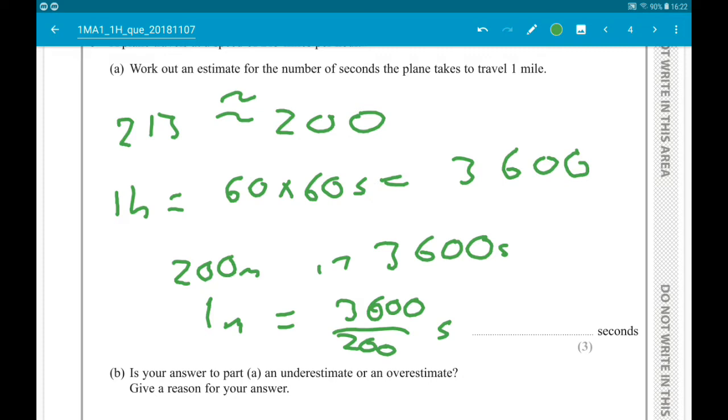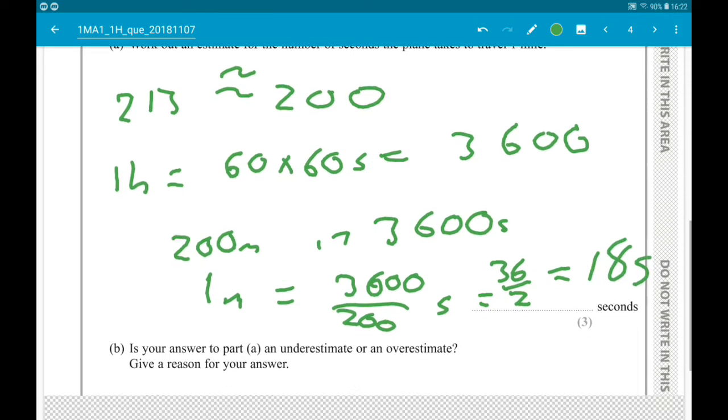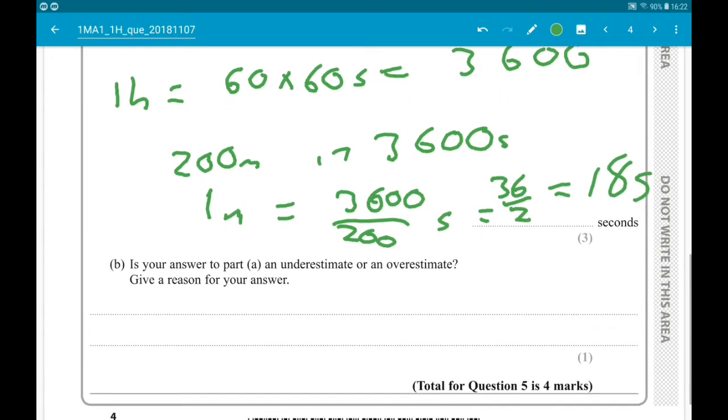So this is the same as 36 over 2, or 18 seconds. Okay, so depending on your rounding, you might get a slightly different answer. A mark scheme wants between 16 and 20.